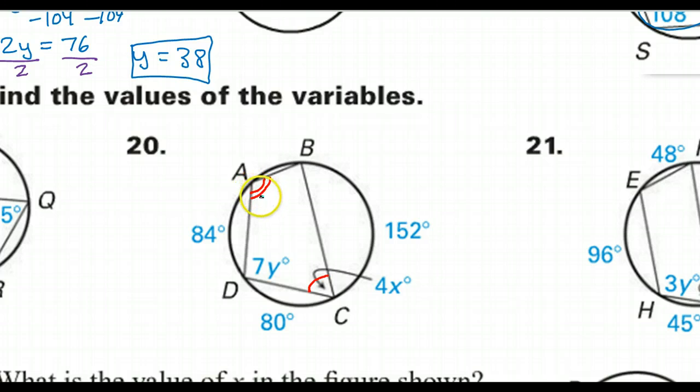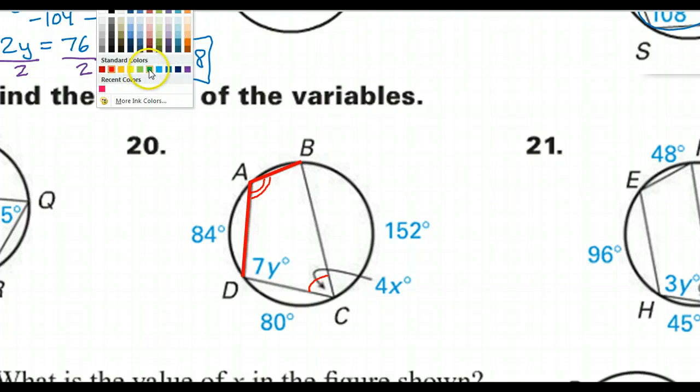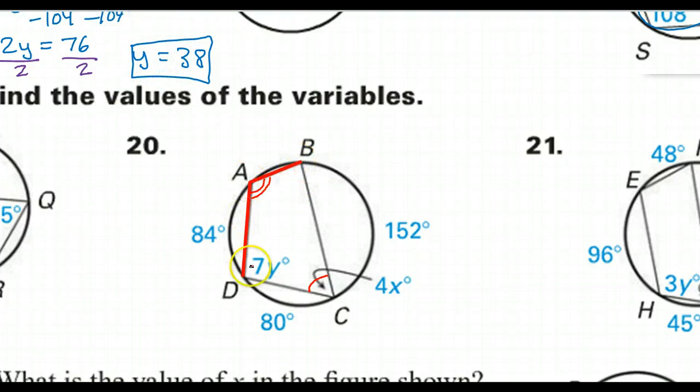And I could find this angle pretty easily because this angle is right here, and the arc that goes with it is this arc right here, that I'm showing now in green.